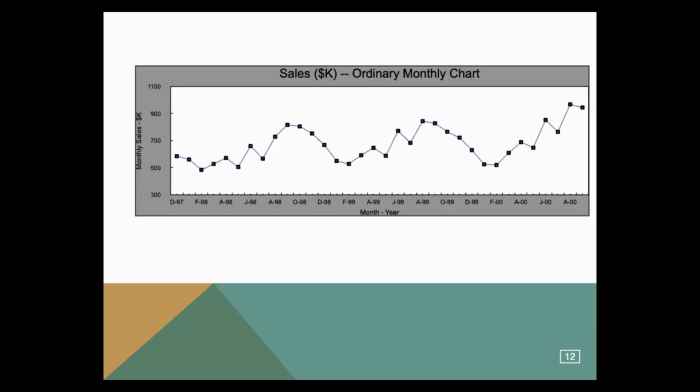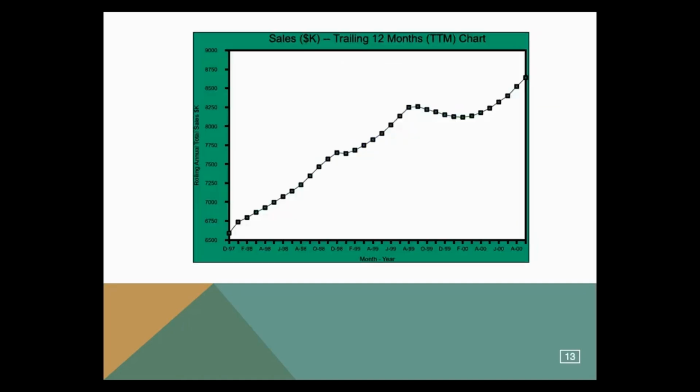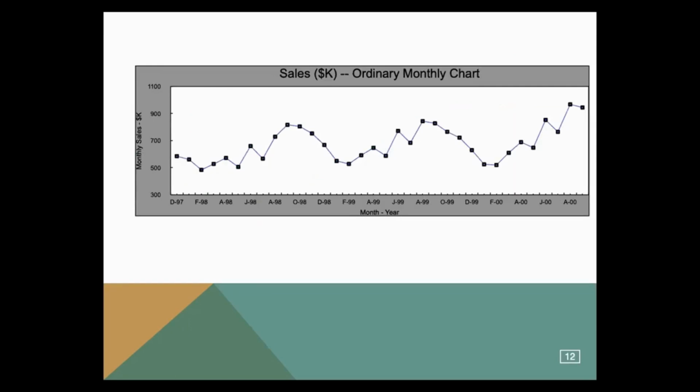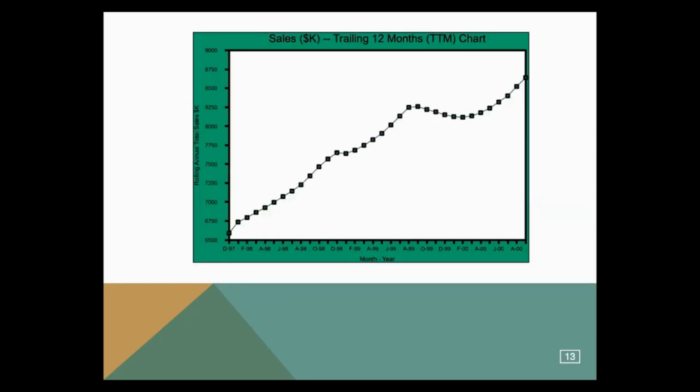This chart, lots of ebbs and flows, lots of ups and downs. This chart, far less movement in the data. And the reason for that is, again, instead of looking at 1 month, 1 month, 1 month, on the trailing 12-month chart, we're looking at 12 months of revenue compared to 12 months of revenue compared to 12 months of revenue. Every green box represents 12 months of revenue.